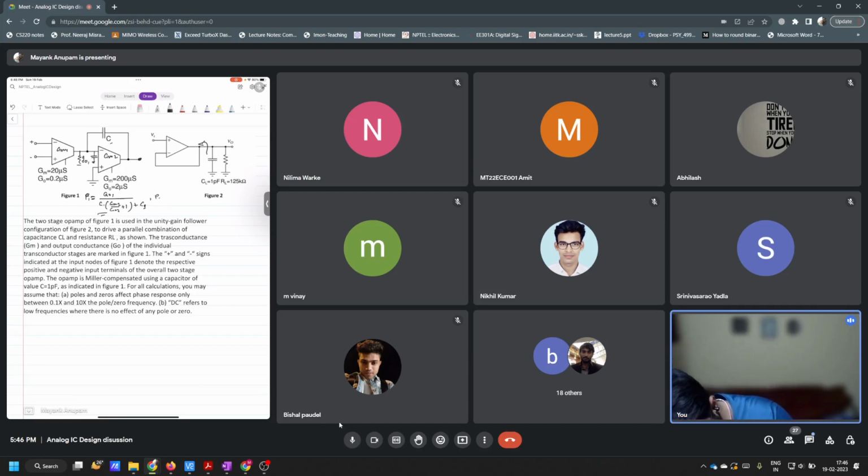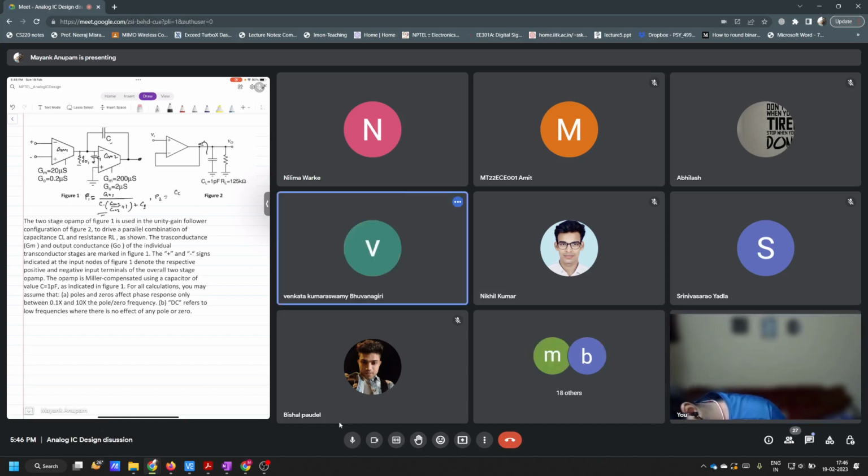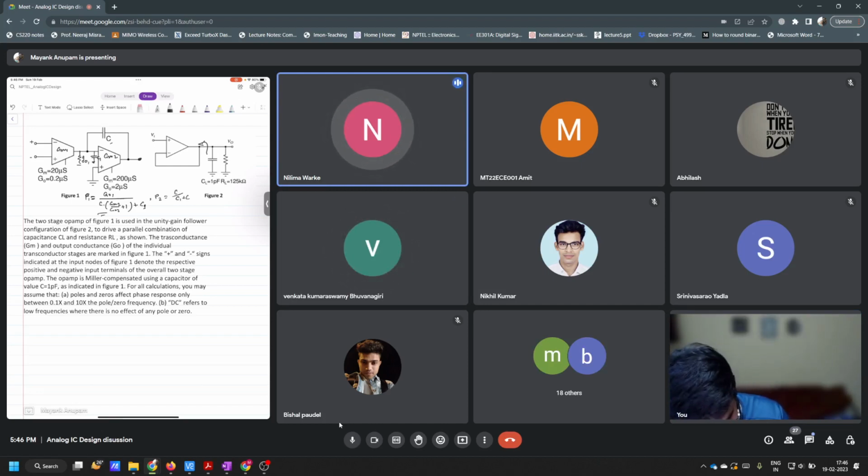Anyway, P2, what is P2? What is P2 here? P2 is given as GM2 into C upon C plus C1, plus GO2 divided by, if the CL is there, so that time they have taken CL.